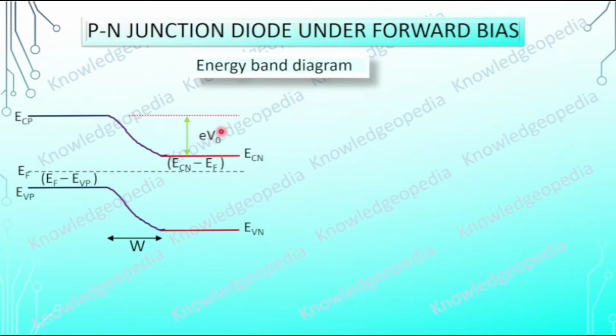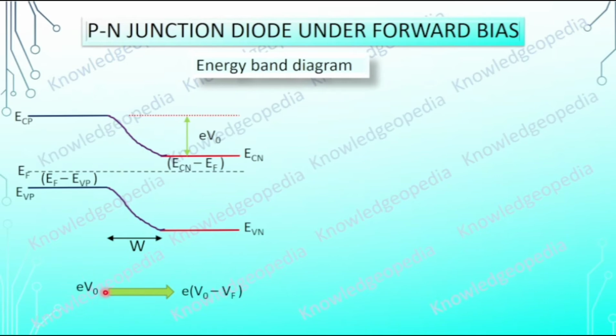If V0 is becoming V0 minus Vf, what will be this separation? This will be equal to e into the potential, and the potential is now V0 minus Vf. So the separation is e(V0 minus Vf).